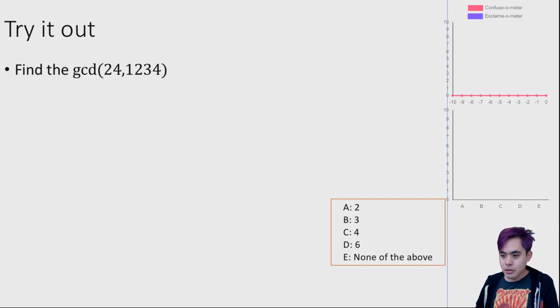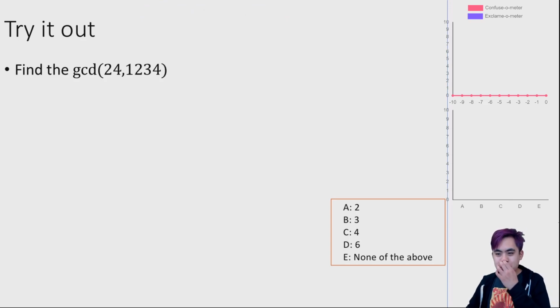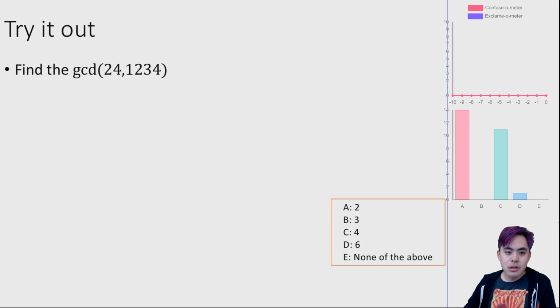So the first thing to notice is that we have some people who are guessing 4. Well, let's see what it is. Oh, so we're getting several different guesses. Okay, so we're getting 2 and we're getting 4 as our answers.